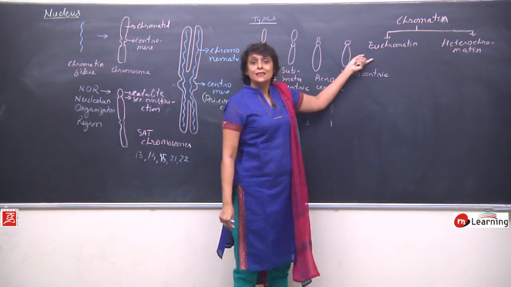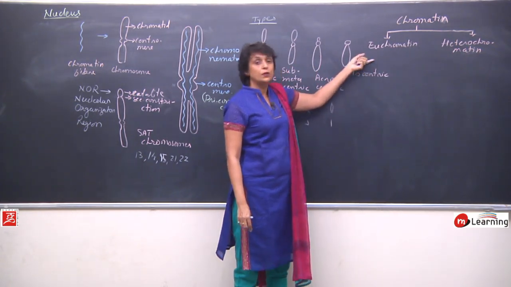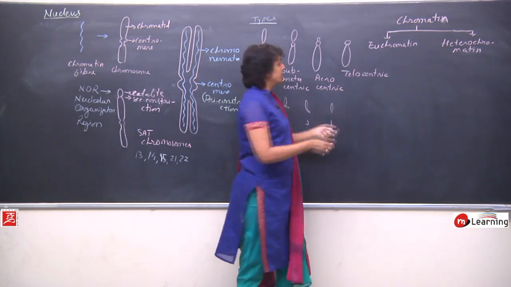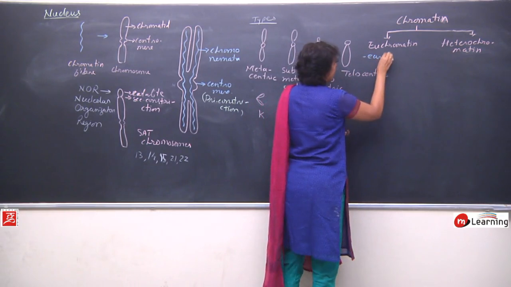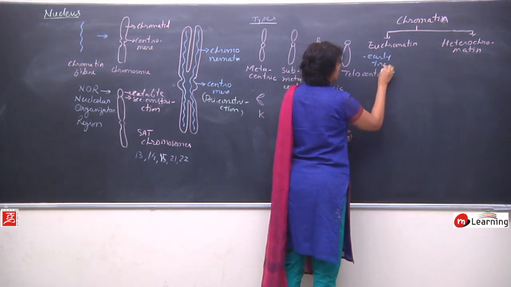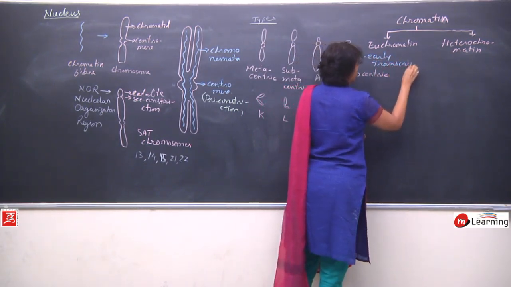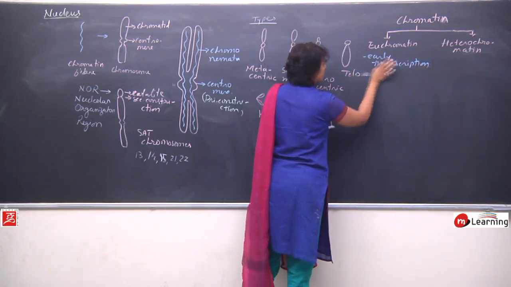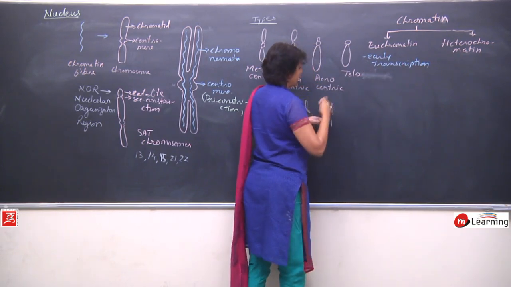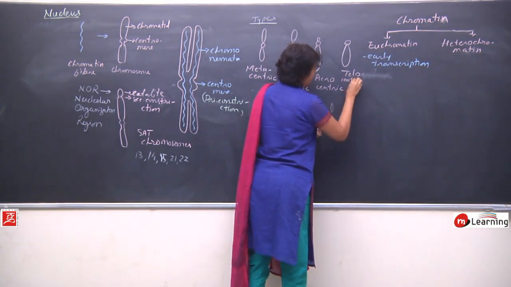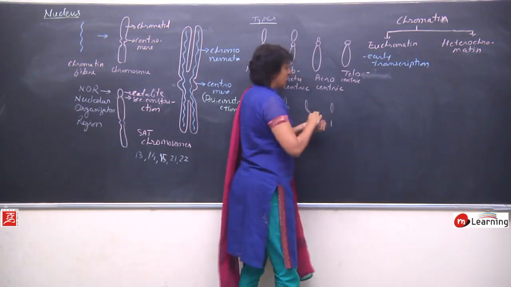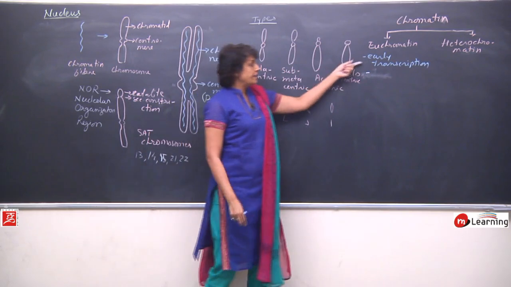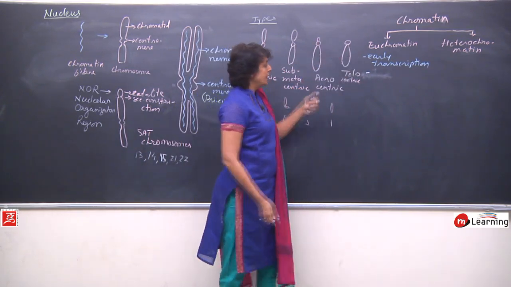Euchromatin is an early transcribed chromatin. That means it goes through early transcription in the S phase. Early transcription means that in S phase, when the cell divides, at that time it can get transcribed.